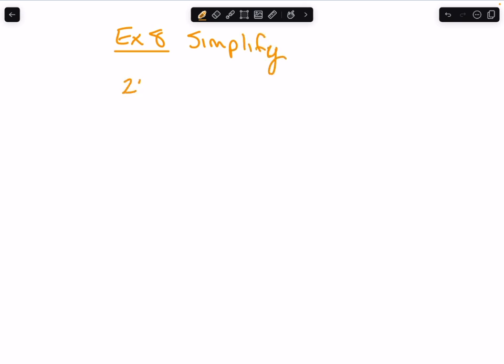This time we have 25 divided by 5 plus 3 times the quantity 4 plus 2 times the quantity 7 minus 9 quantity cubed. Okay, so again, order of operations, we're going to work from our innermost set of grouping symbols. In this case, it's parentheses. We're going to do the 7 minus 9 first. So we'll copy everything else down.